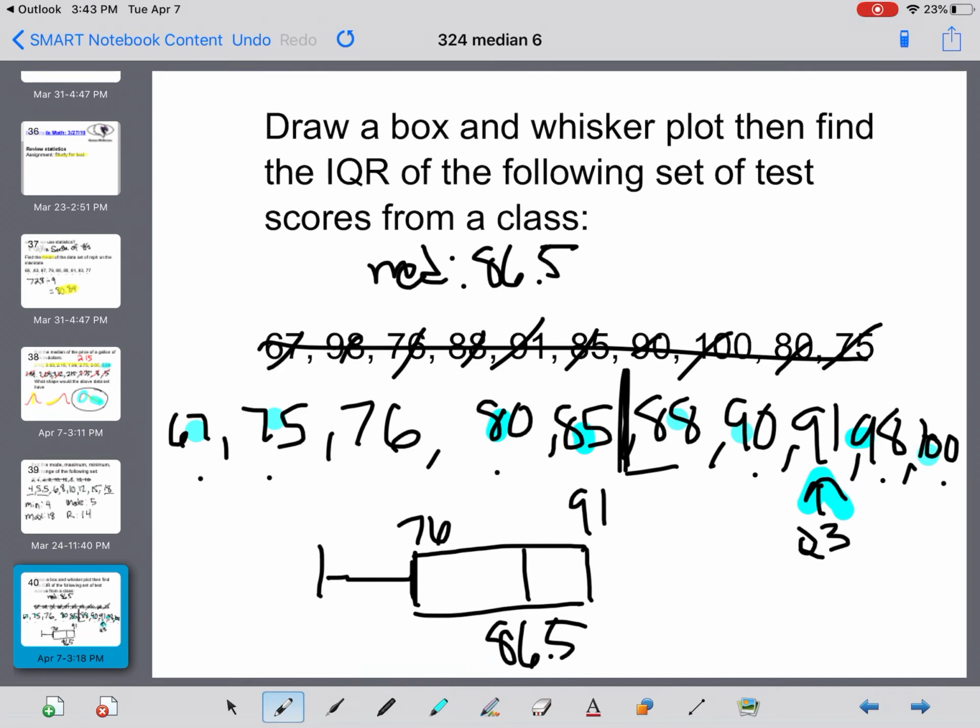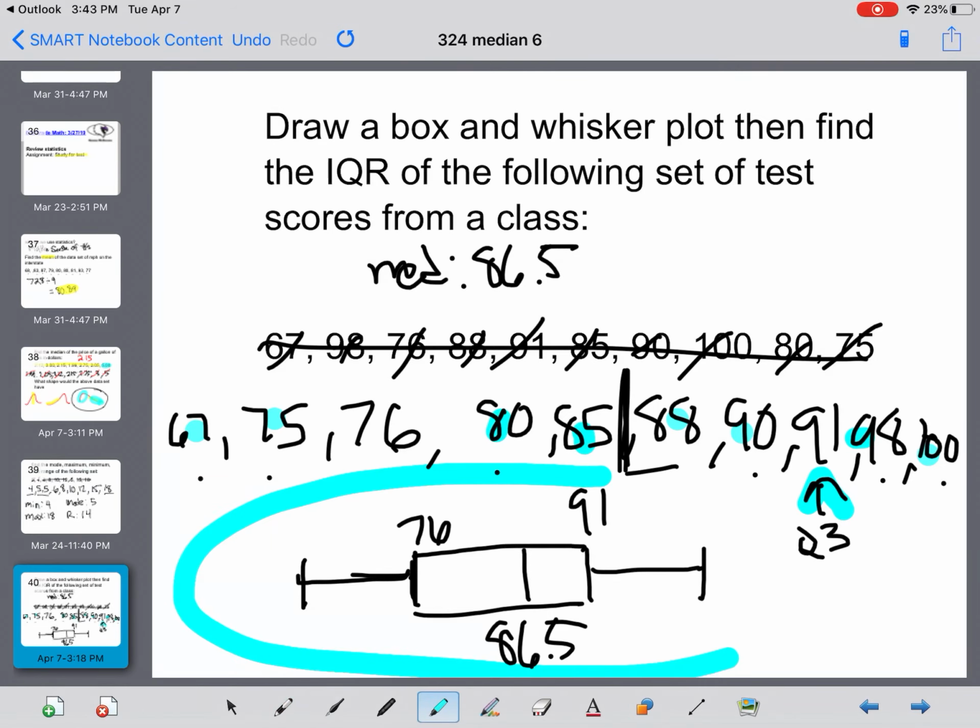And now we need about 10 or another 9 right here. And now we need to put another 9 over here. So that is our box and whisker plot that we've made.